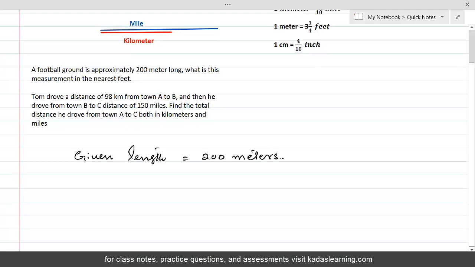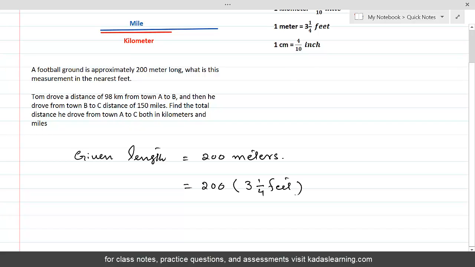Because we need this length in feet, we are going to keep the number, but we will convert the unit. So 200 will stay as such. Instead of writing meter, we will write its equivalent in terms of feet. That is 3 whole 1 by 4 feet.